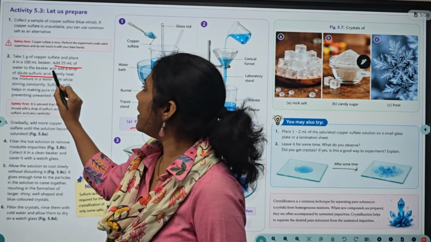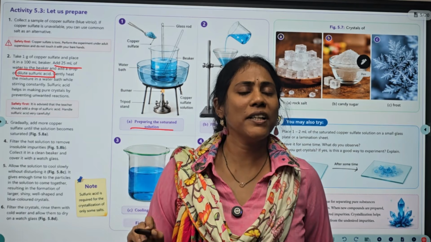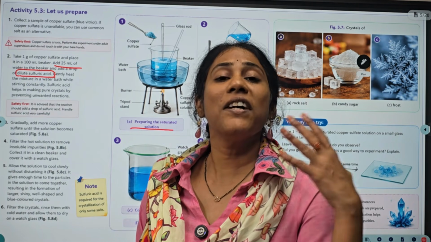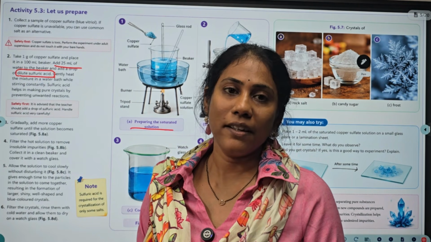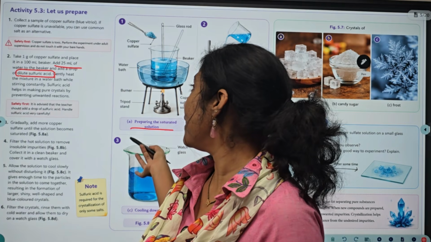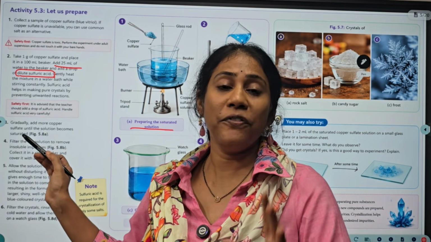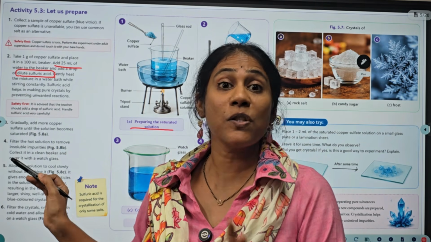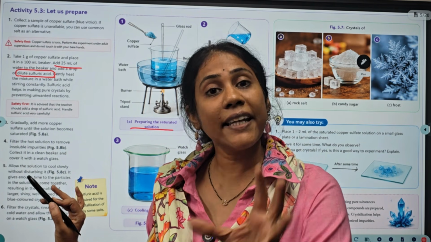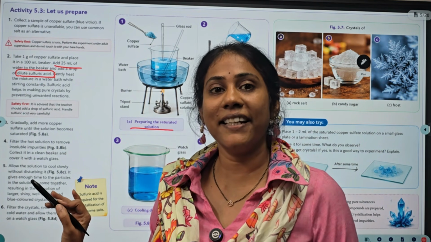So what may be the reason for adding dilute sulfuric acid? To avoid further reactions, because copper sulfate and water are there. In case it undergoes any side reactions, we have to avoid that. The chemical should not undergo any side reaction.